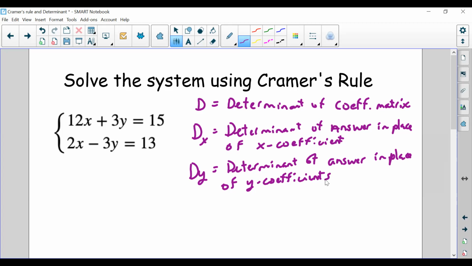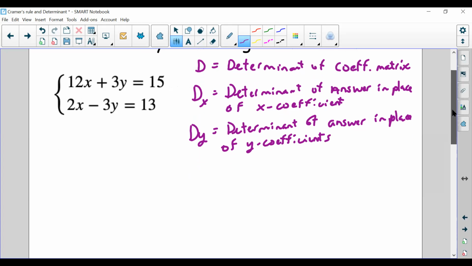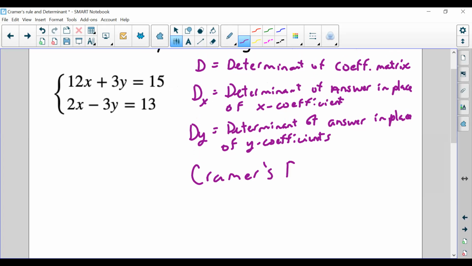And then once we figured that out, here's what Cramer's rule says. For a 2 by 2 matrix, or a system of equations with two variables and two equations with two unknowns, to find x, you will take D sub x divided by D. That'll give you your answer to x.